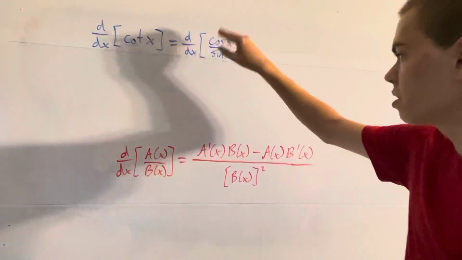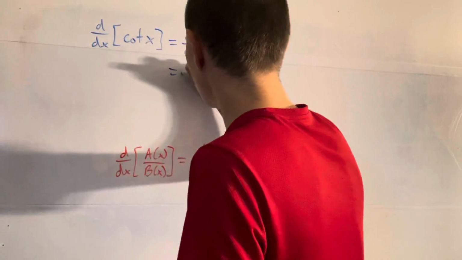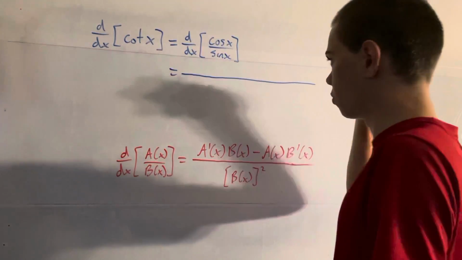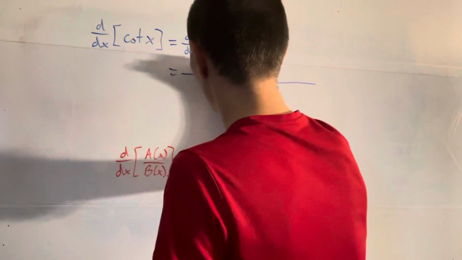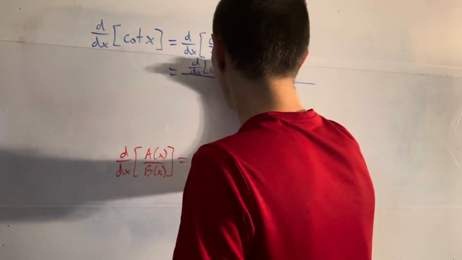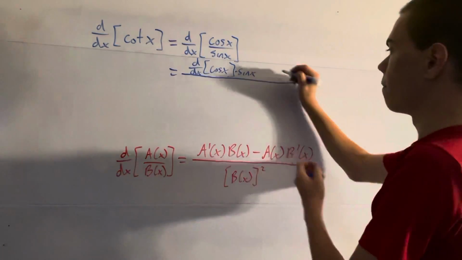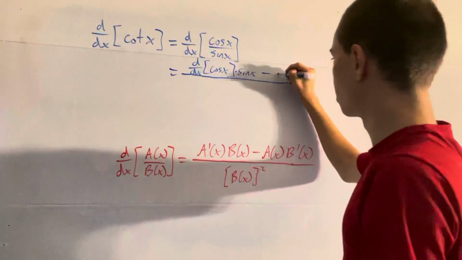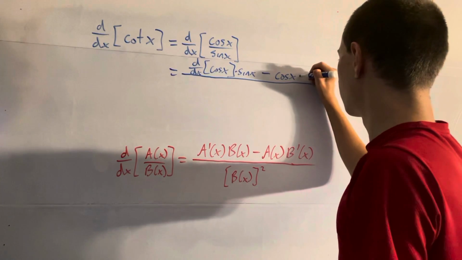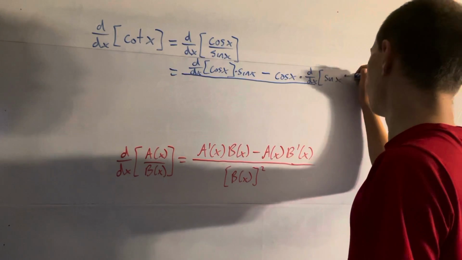And so we're just going to apply this idea to finding the derivative of cosine x over the sine of x. So that's going to look like the derivative of the cosine of x times the sine of x, minus cosine of x times the derivative of the sine of x.